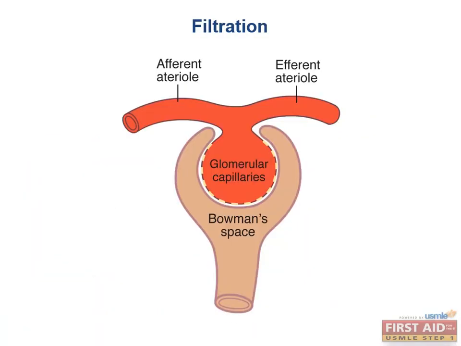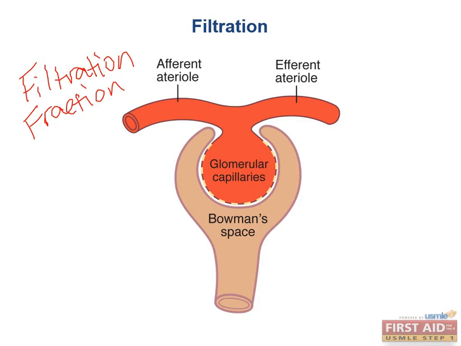Now let's talk about filtration and filtration fraction. Filtration fraction is the fraction of plasma going through the kidneys, so through those arteries, and then eventually into the arterioles, that gets filtered, meaning it passes from the glomerulus into Bowman space.